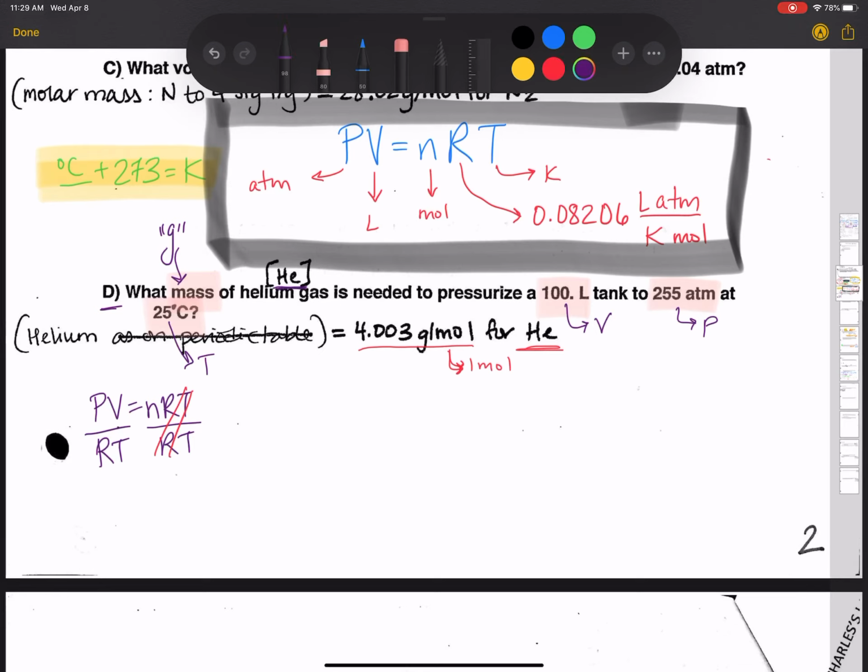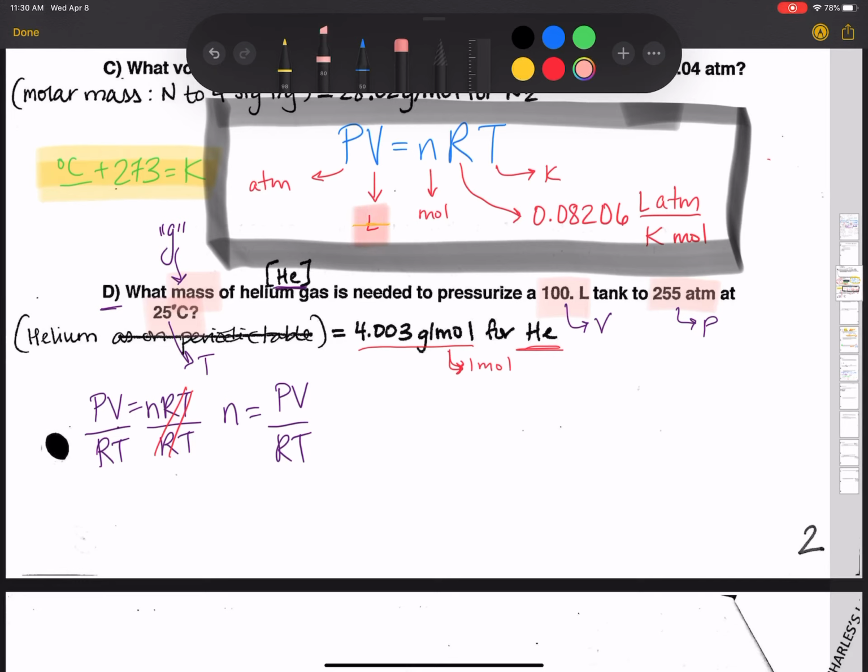Okay, let's double check our units from the variables given to us in the problem. Our volume was given to us in liters, so we're all good there. That's the unit of volume that we need for any ideal gas law formula.